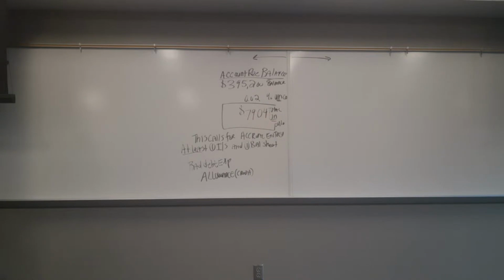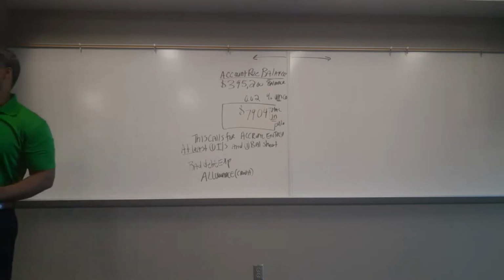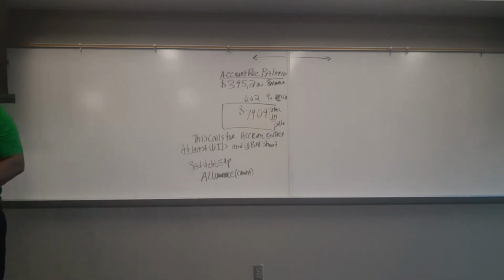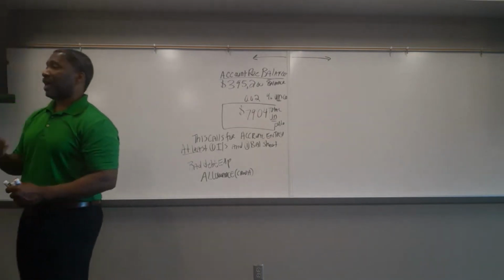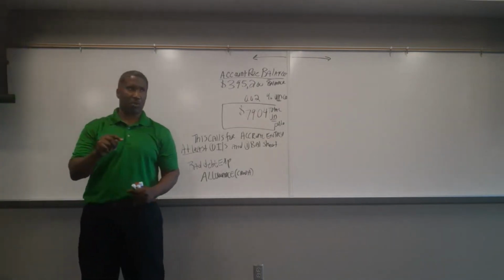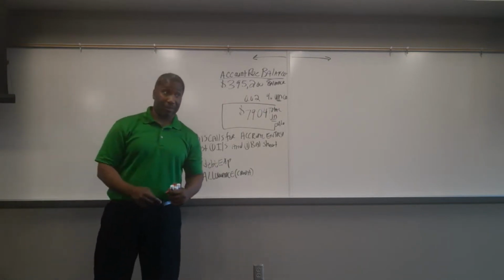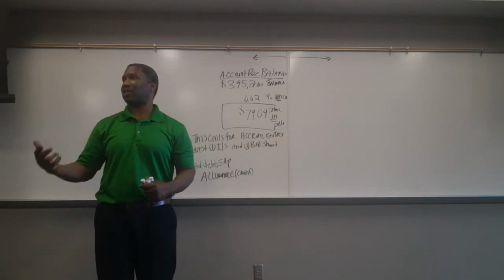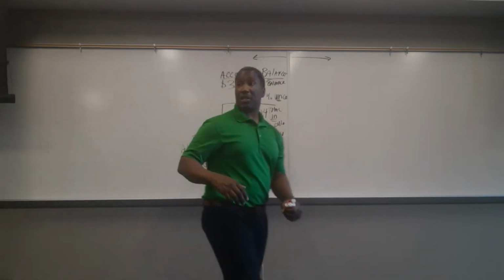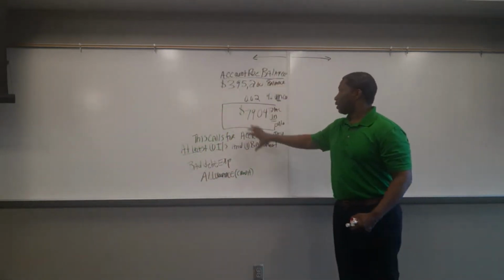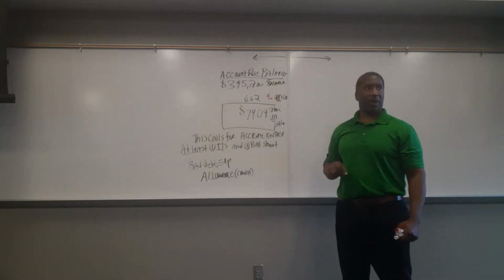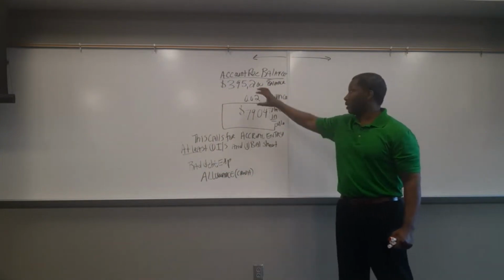And the allowance for doubtful accounts has a credit balance. I'm going to insert one word in there. And the allowance for doubtful accounts already has a credit balance. Why do I say that? Because this is the amount that we expect not to collect off of this, right? That's the amount we collect.